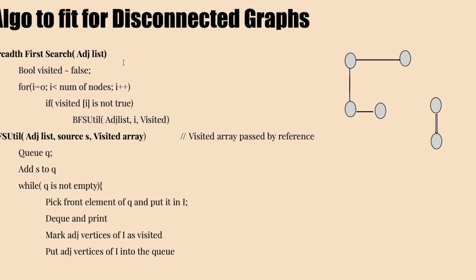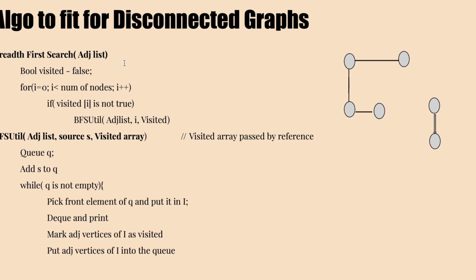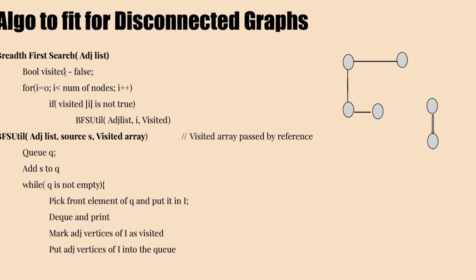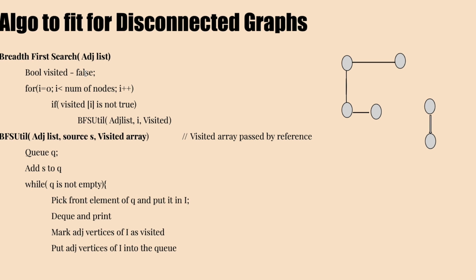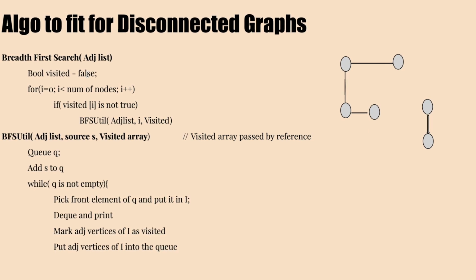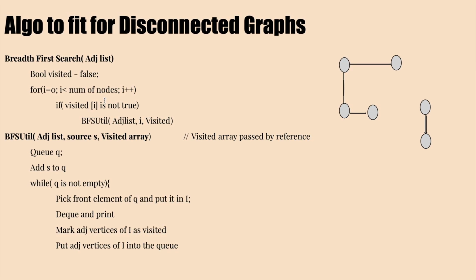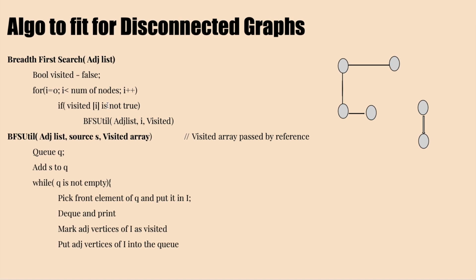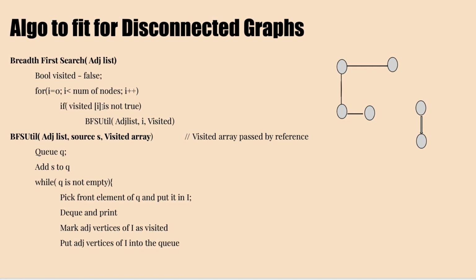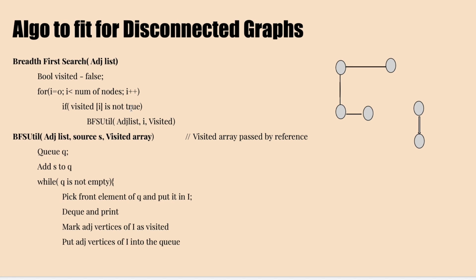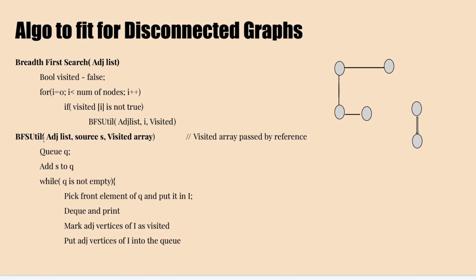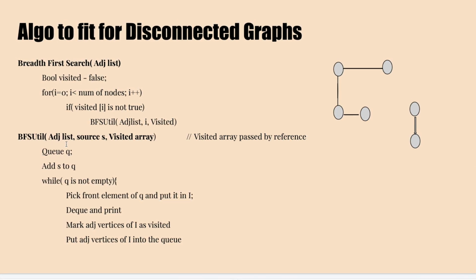So let's briefly go through the algorithm. In this we are marking the Boolean visited array as false, and then we are checking whether all the nodes are visited or not. We take the first not visited node and pass it to the BFS util function as a source.